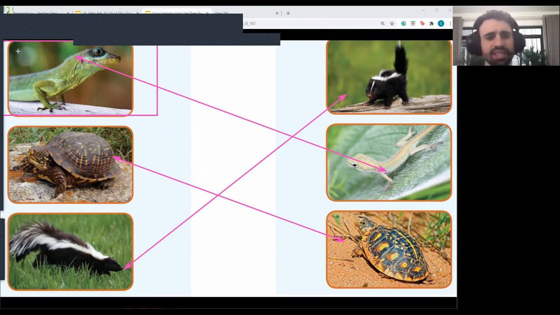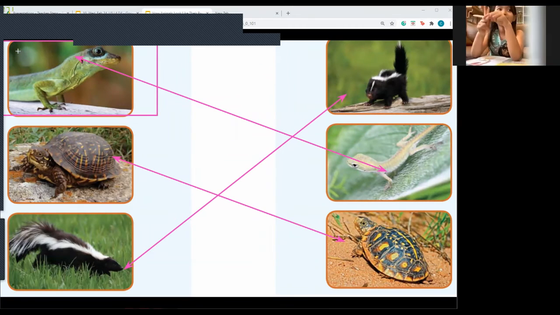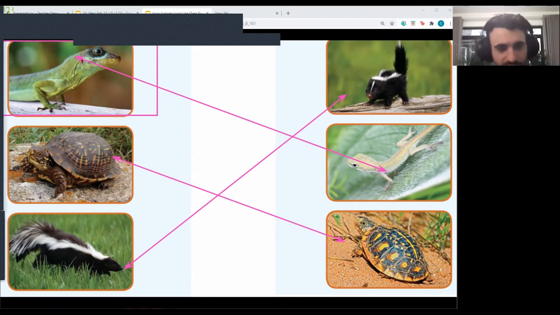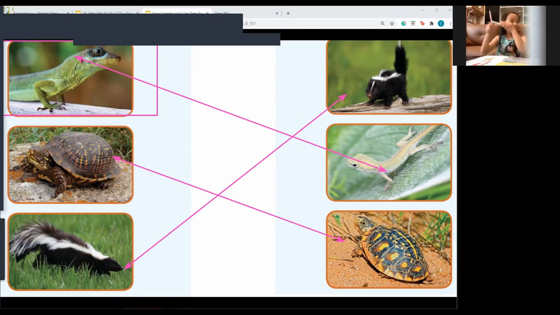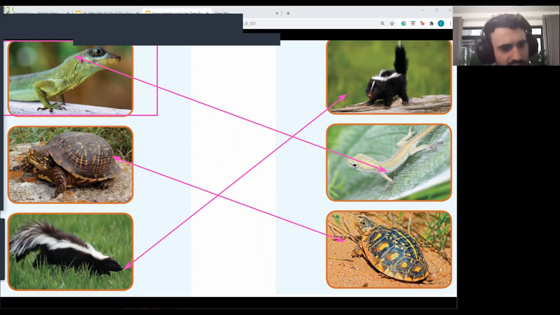Okay, and what is the lizard covered in? What is its body covering? Is it fur? Is it skin? Is it scales? Is it feathers? What's its body covered in? Let's see if anyone else knows. Let's have QK.